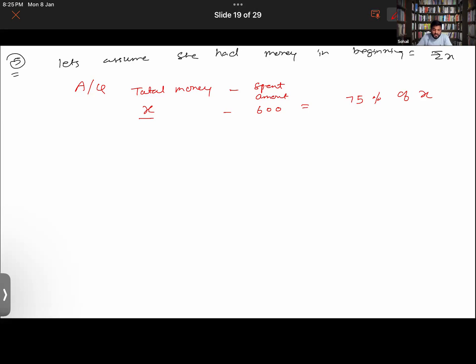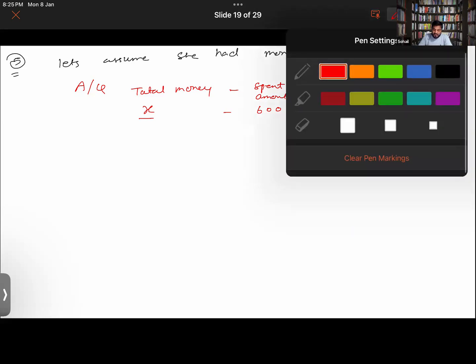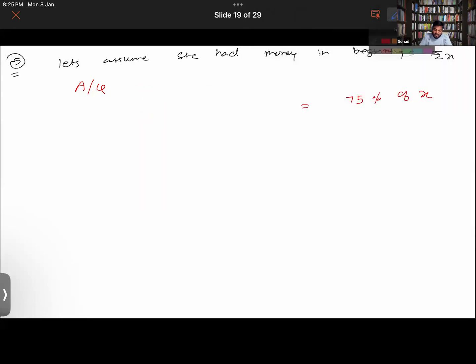Understand the equation. Everything is hidden in this statement: the money she had spent was 75% of her total money.